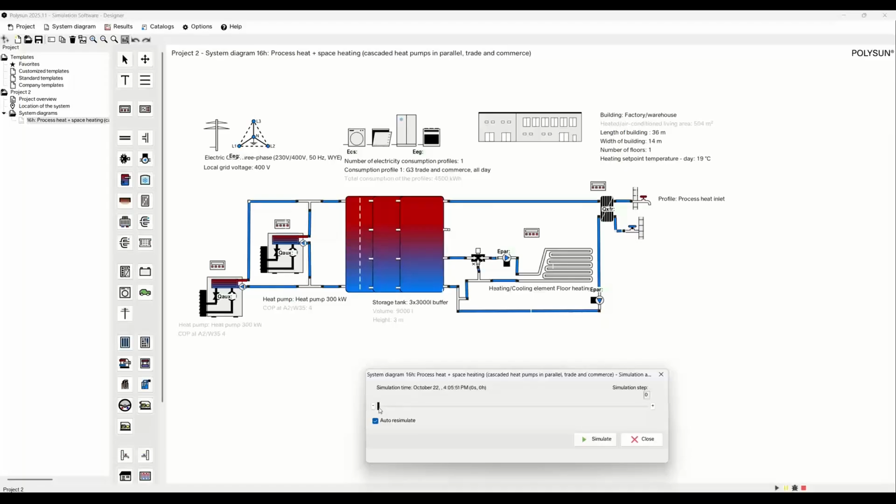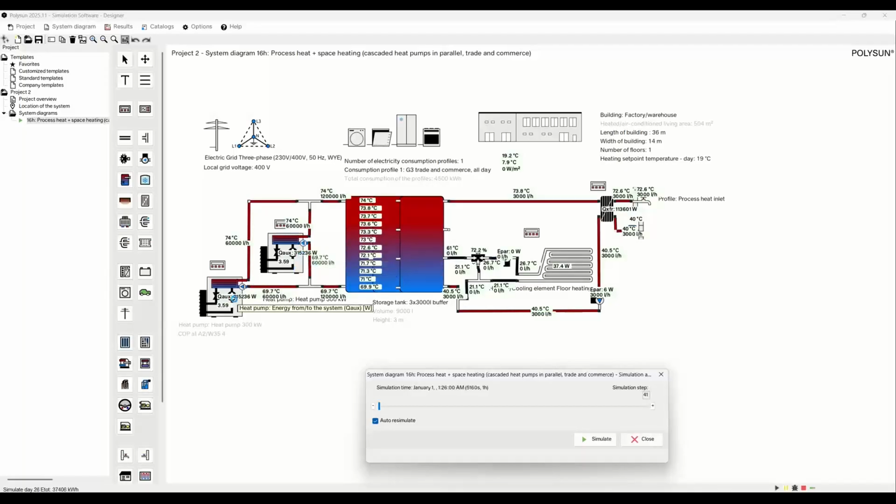So we can see Polysun is a dynamic simulation tool. We can see when both heat pumps are running, which power they are delivering and which temperature they are delivering. We have a process heat system in this schematic. So the heat is delivered at 72 degrees.